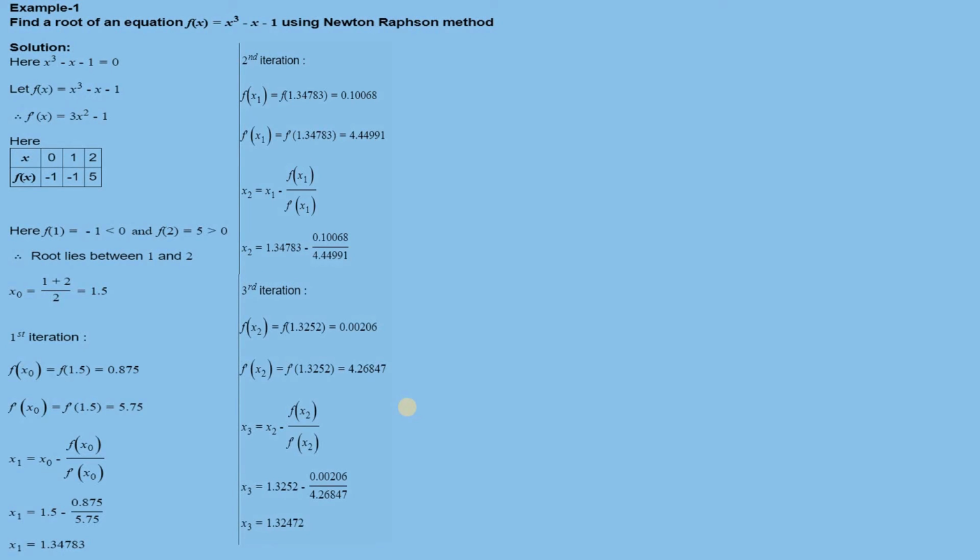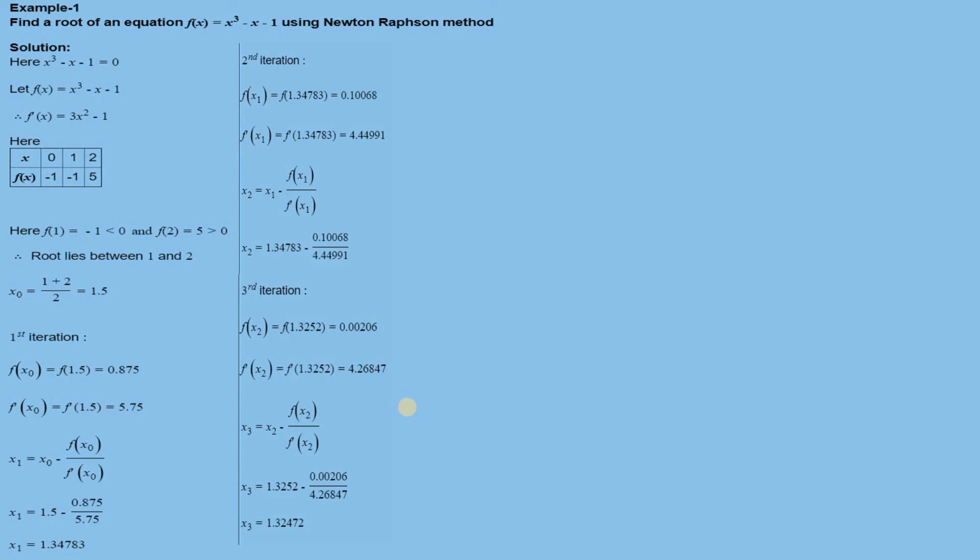The second iteration gives the value 1.3252, and then we go on to the third iteration. We continue the same way, x3 is equal to x2 minus f of x2 upon f dash of x2, which gives us the value 1.32472.